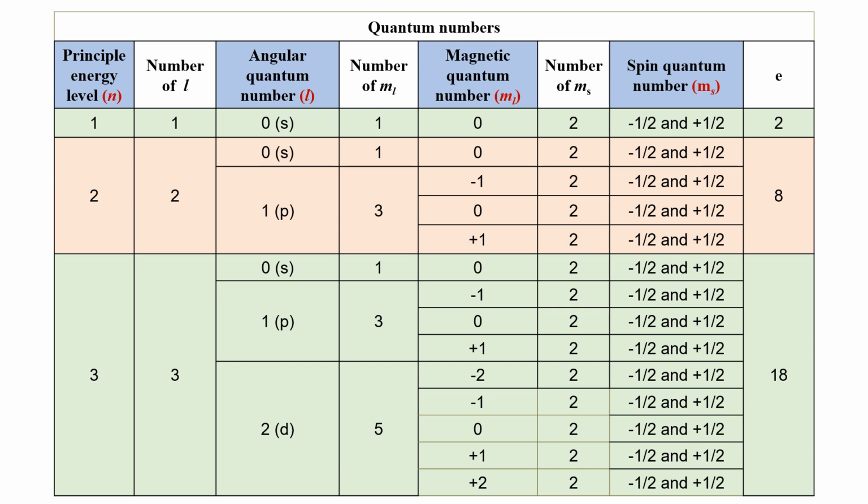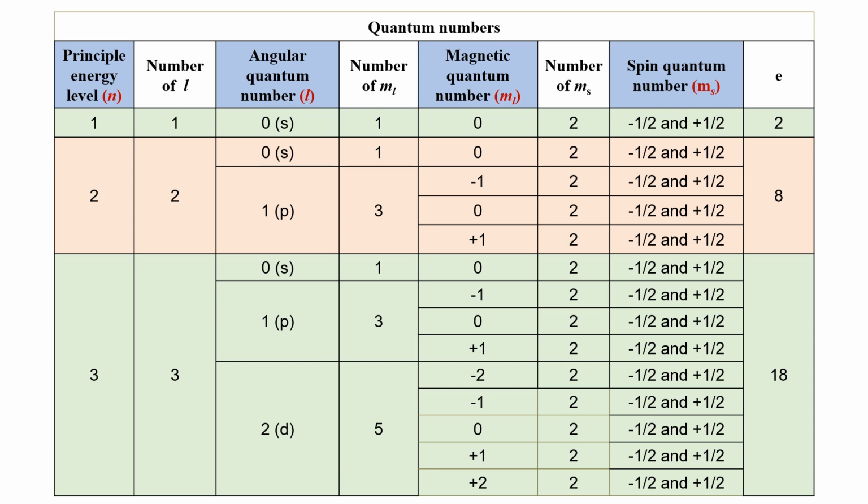For different principal energy levels, how many angular quantum numbers and their magnetic quantum numbers they contain, you can represent by this table. For example, if the principal quantum number is 1, there is 1 angular quantum number.